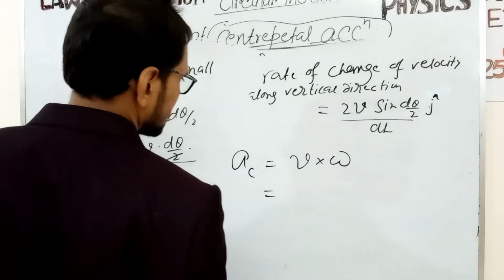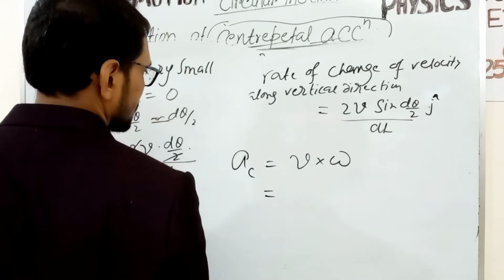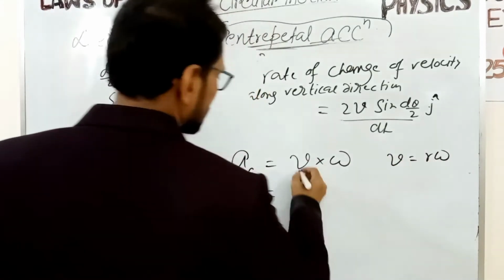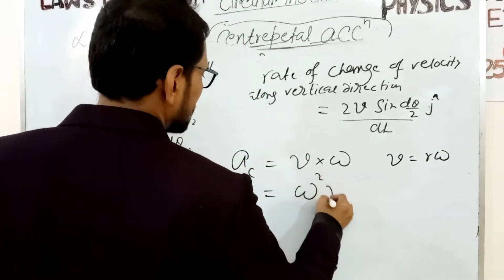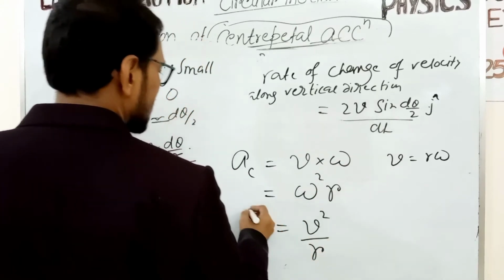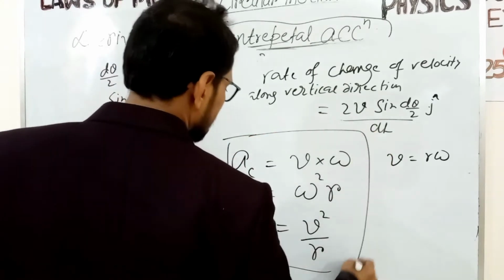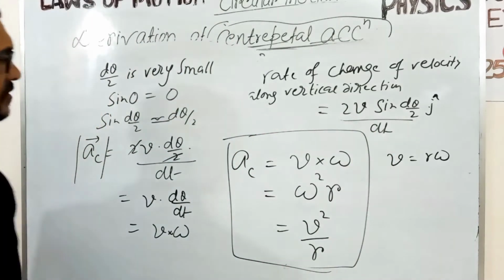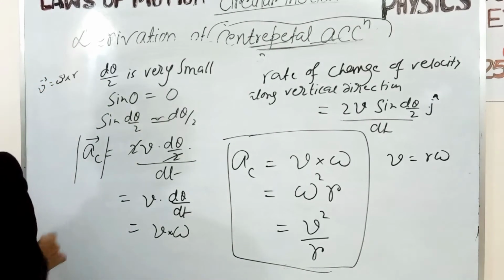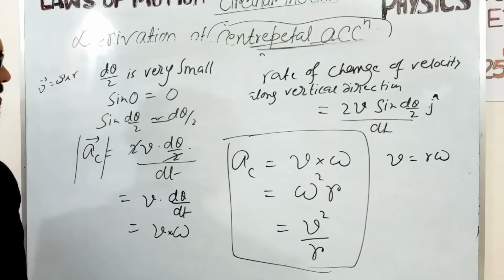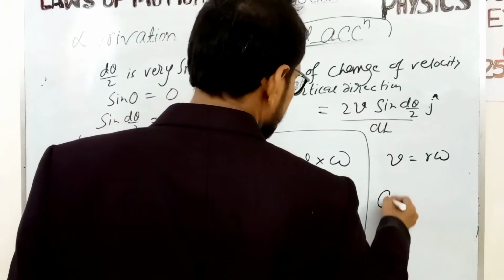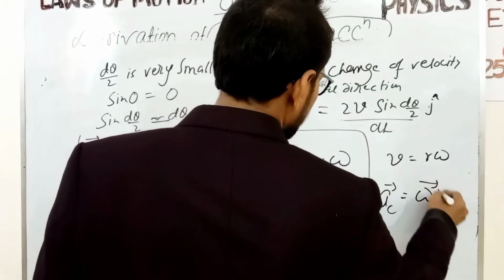Now v equals r omega, so a_c is omega square into r. If we put omega equals v by r, this is v square by r. So that is the acceleration. In the vector method, actually a_c equals omega cross v.